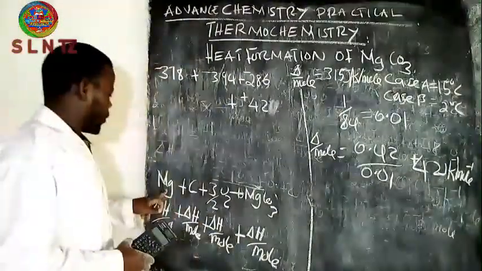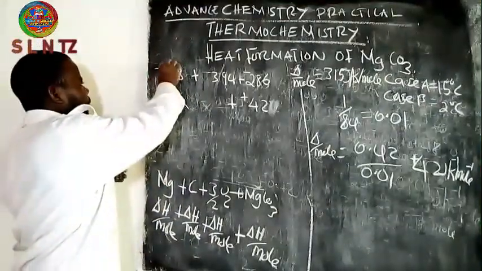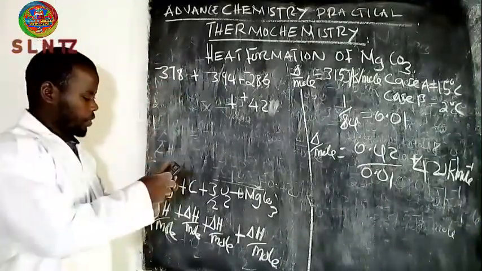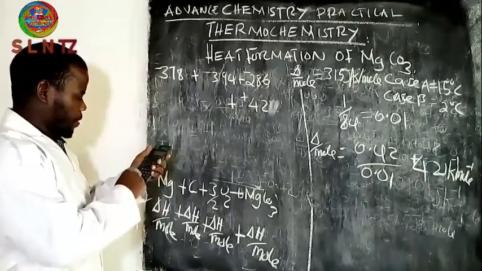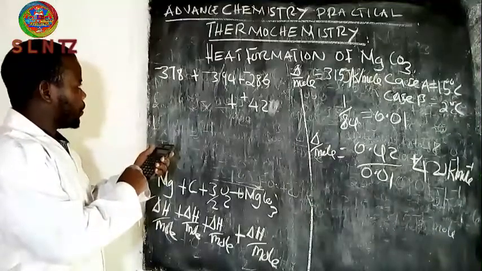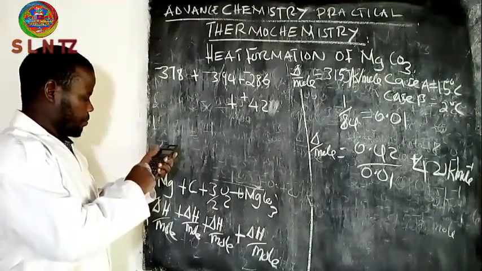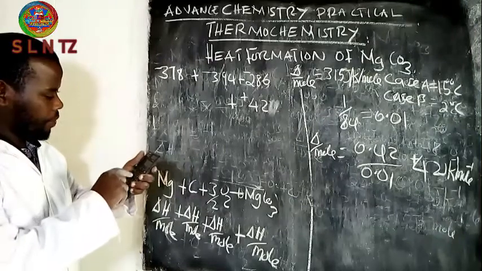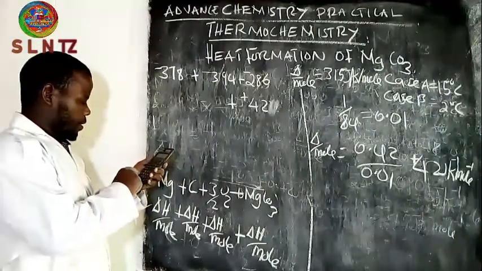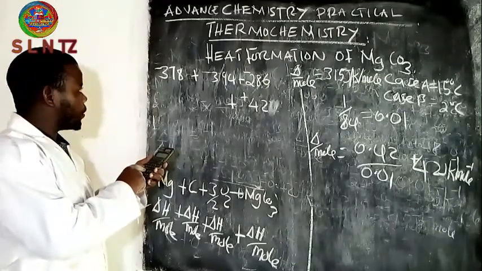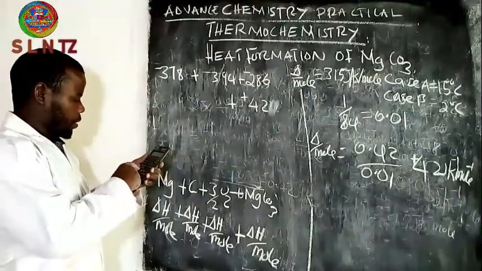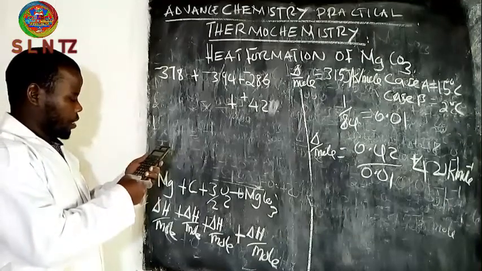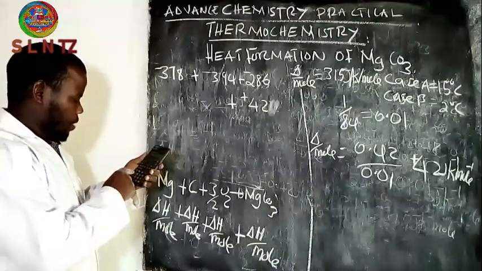So when you take your calculator, we see the final answer. We take negative 78, plus negative 394, plus negative 286, plus 42.